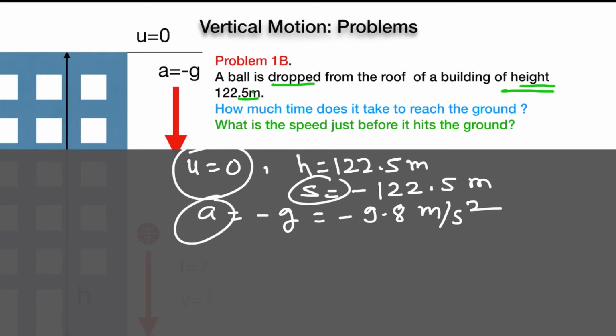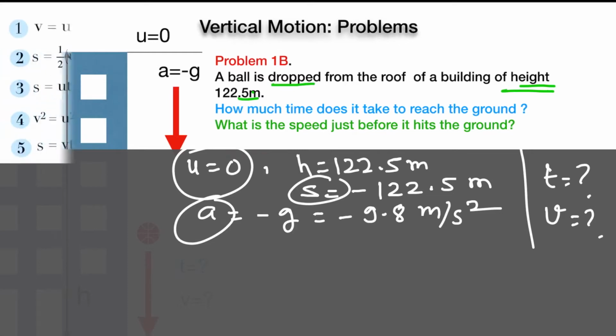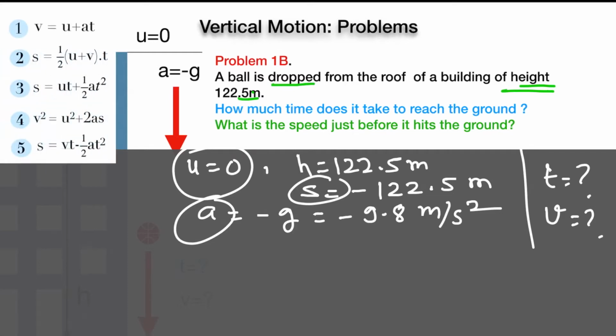So we have again 3 variables: u, the displacement, and the acceleration. Now what do we need to find out? We need to find the time t and the final velocity v, right? So we have our 5 equations of motion. To find the time, we have to check u, s, a, and t. Which equation contains these 4 variables? Equation number 3.